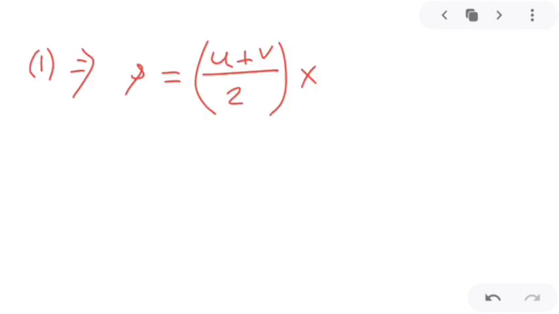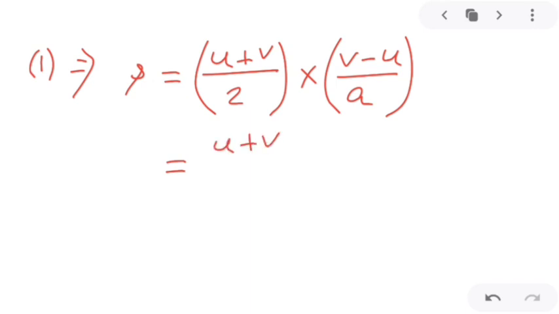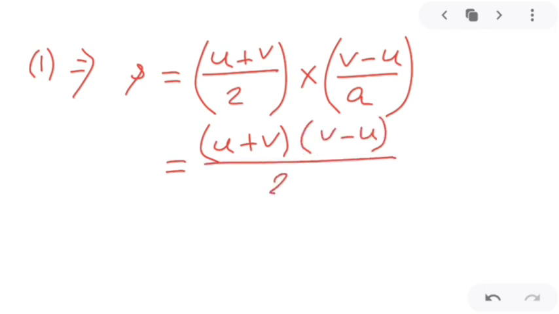So we get s equals (u plus v) into (v minus u), over 2 into a. Now twice a goes to the other side, giving twice as.